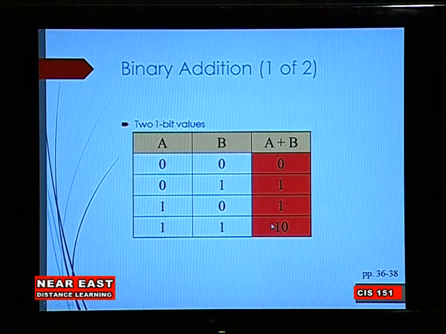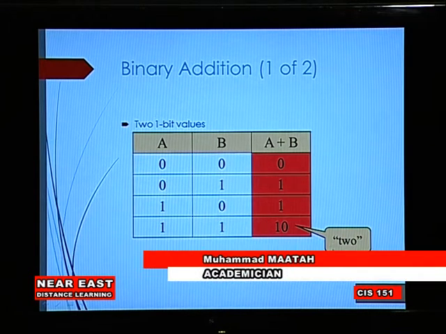We write it as 1, 0 in binary. Because it's binary, we don't read it as ten, we read it as one zero. So 0 plus 0 equals 0, 0 plus 1 is 1, 1 plus 0 equals 1, and 1 plus 1 is equal to 1, 0, in base 2, which is binary, as I said.